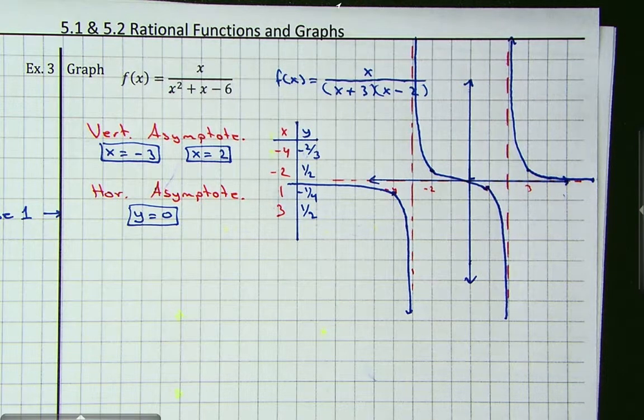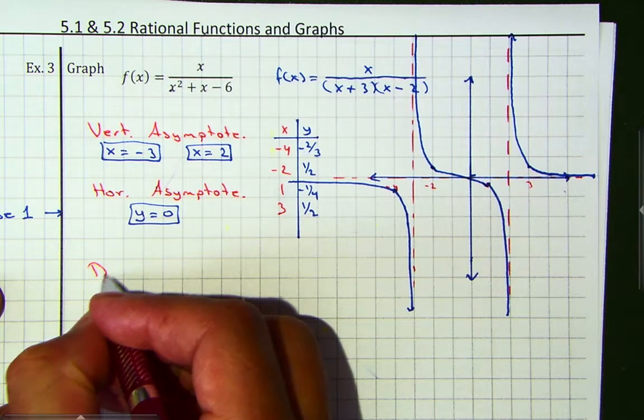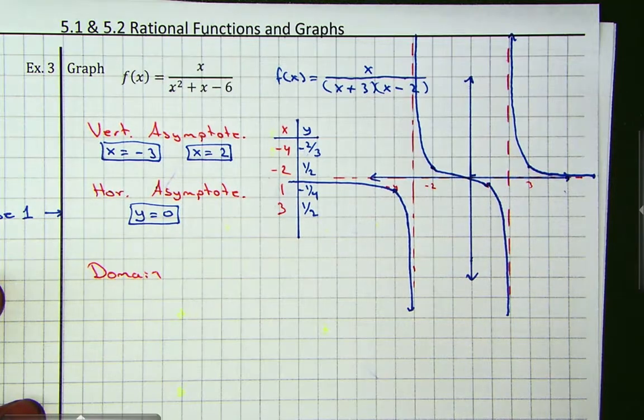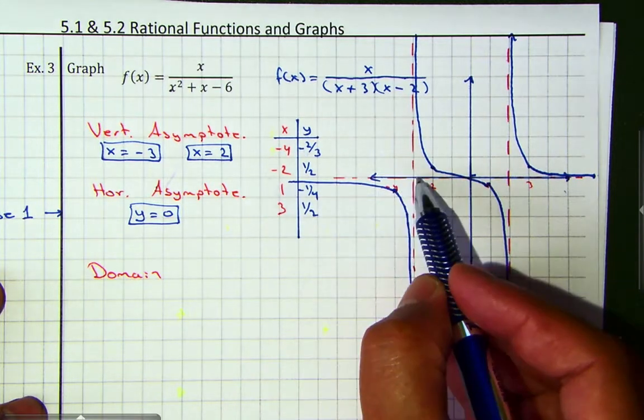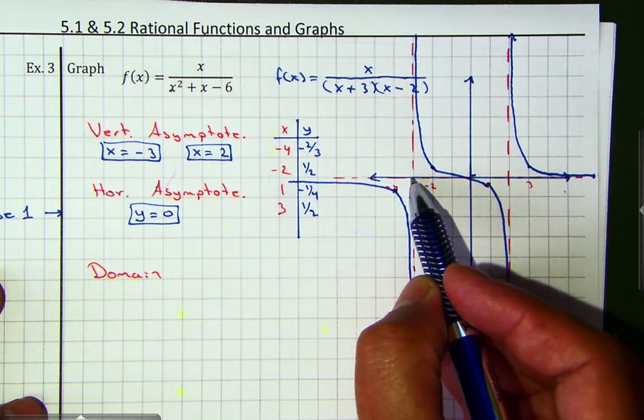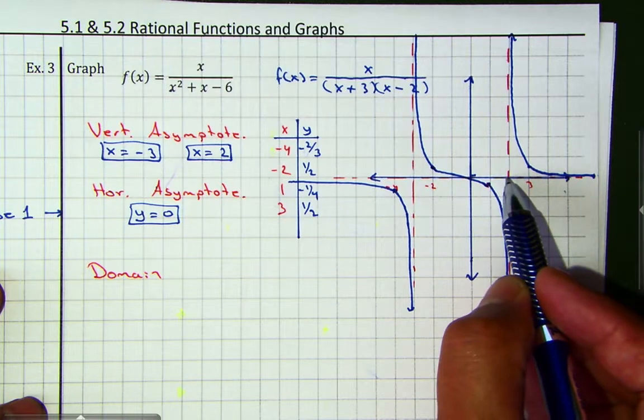And now we just need to find your domain and your range. Your domain is all your numbers except for -3 and +2.